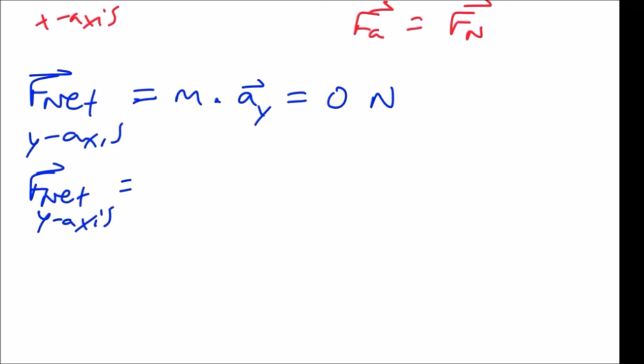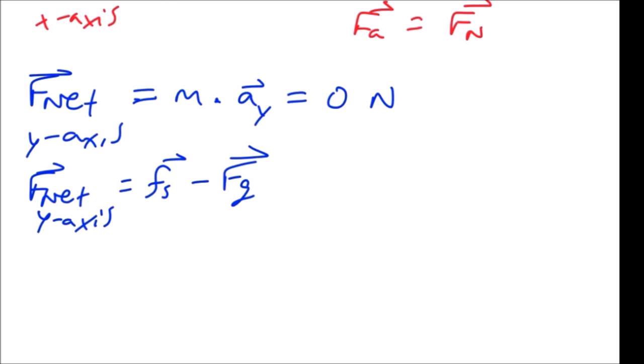What is the second F net statement? Sum of all the forces. What would that be, Adam? Yes, because friction's up, gravity's down, right? So we're going to do our static friction minus the force of gravity.